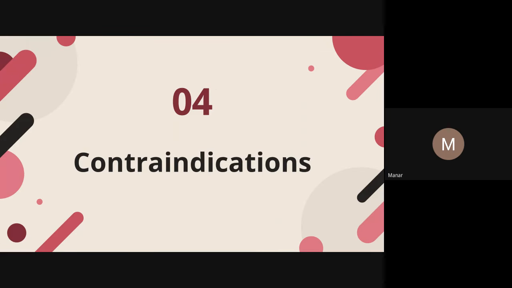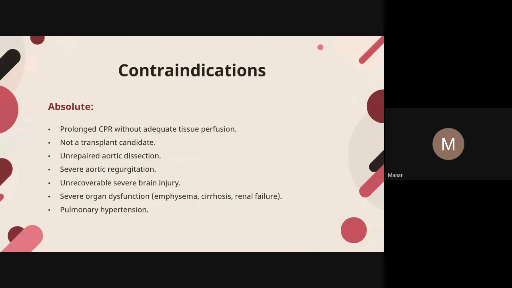Now I'd like to talk about the contraindications of ECMO. How do we know that this patient will not benefit from ECMO and the complications will actually be much worse than the benefits? So we have absolute contraindications and relative contraindications.